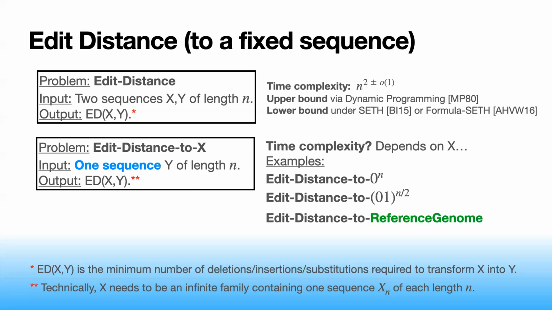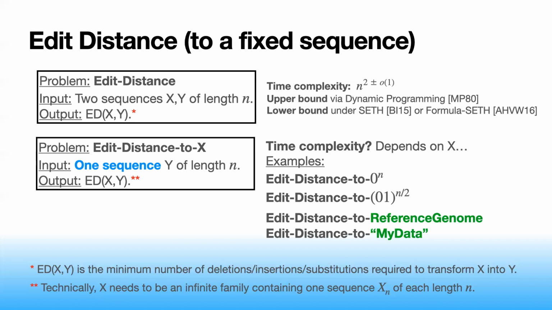But this generic problem could be interesting if there's one sequence X that we are interested to ask a lot of distance queries against. So for example, if there's some reference genome, say of some COVID virus, that we will be testing a lot of other genomes against. So we would be interested to know if this distance to COVID problem can be solved much faster than the worst case edit distance.